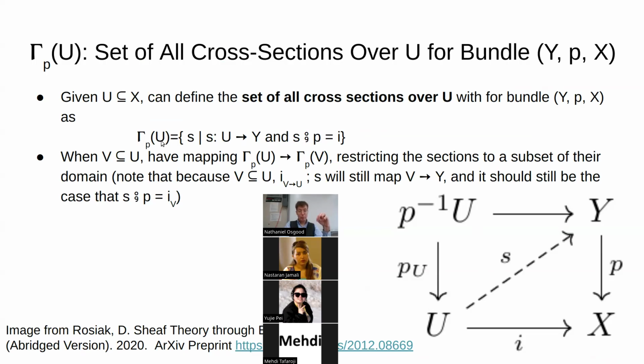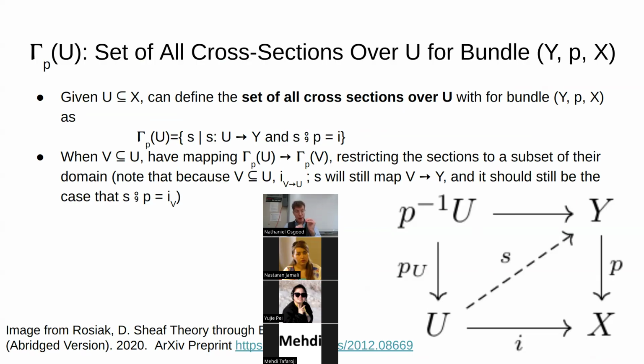For every object U, which might be an open set, we have these inclusion morphisms between them.